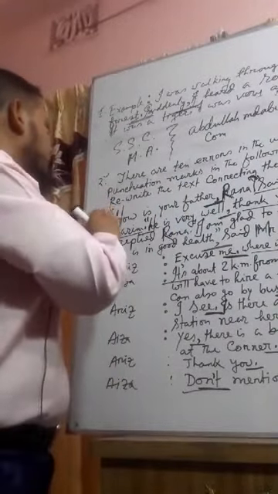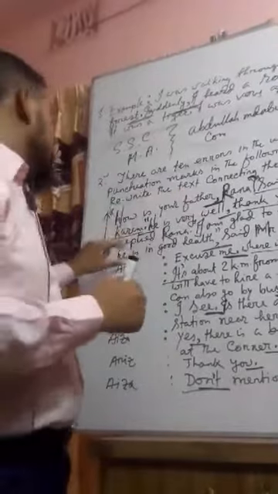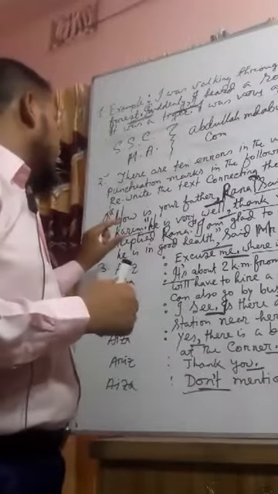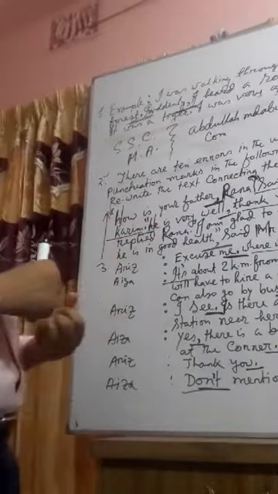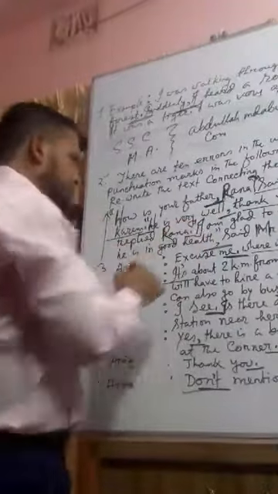And now, as the sentence is assertive, we have to use a comma before the reporting verb. So replied Rana. That is the end of the sentence, and that's why we have to use a full stop here.